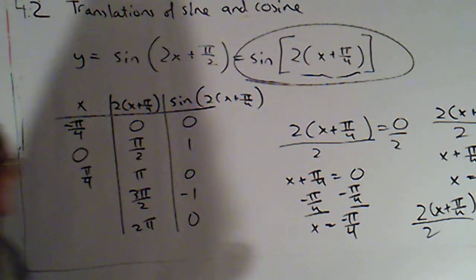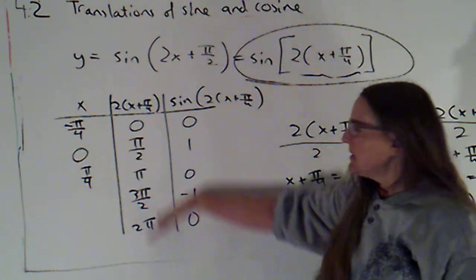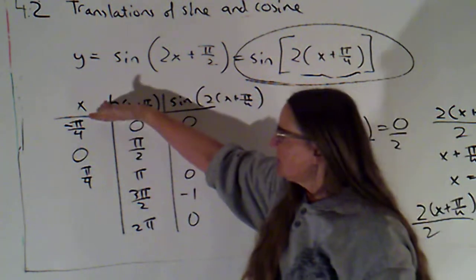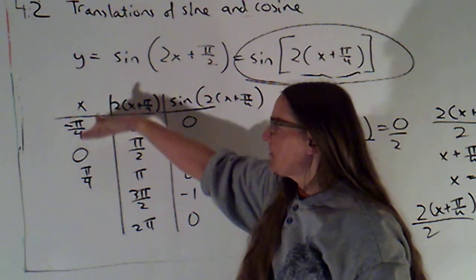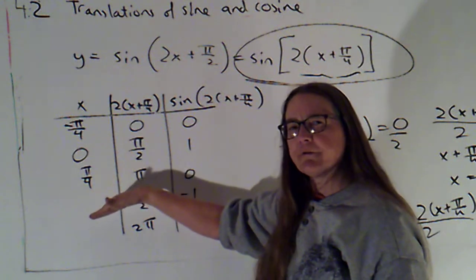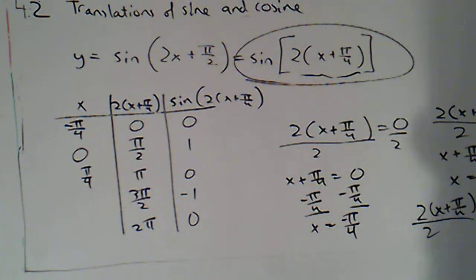Now at this point, I'm going to point out a shortcut. These were evenly spaced. These were quadrantal angles, so we were just counting by pi over 2. Notice these are evenly spaced. Add pi over 4, add pi over 4. I'm just counting by pi over 4. So if I notice that, that can save me a little bit of time, because solving all of these equations was starting to get a little bit tedious.